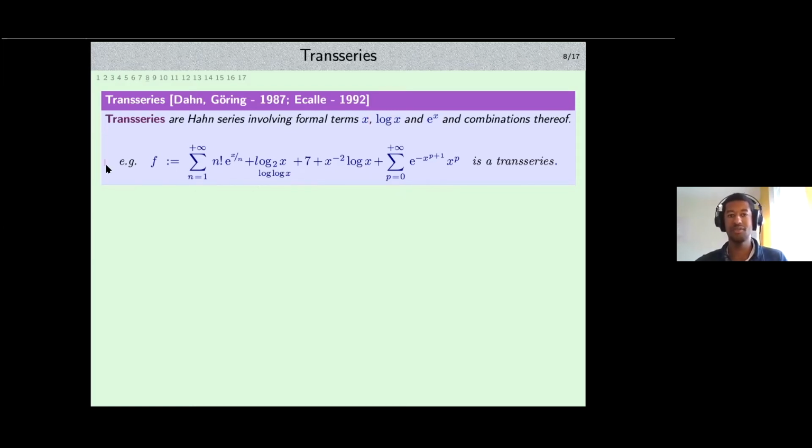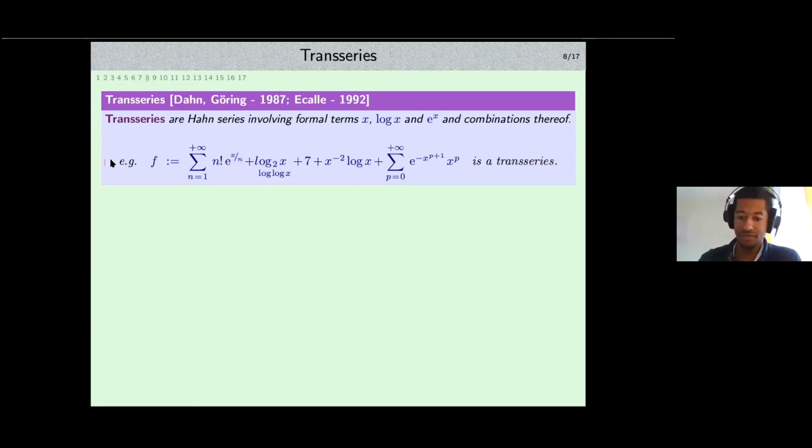And what is nice with transseries is that you have first an ordered field structure. The order is just given by ordering the different additively irreducible terms here, here, here, and so on in an intuitive way. So exponential of x over n is much greater than log of x, which is much greater than 7, and so on.